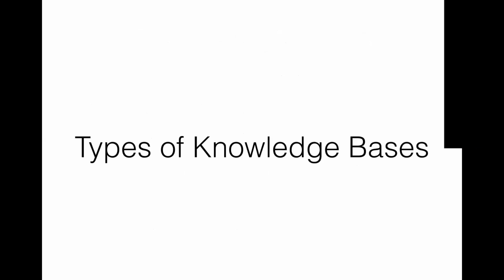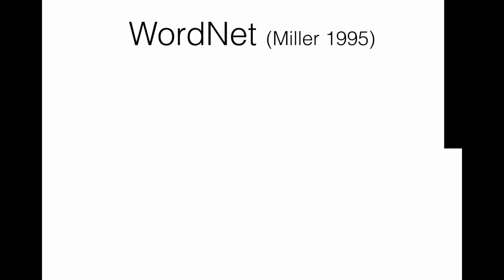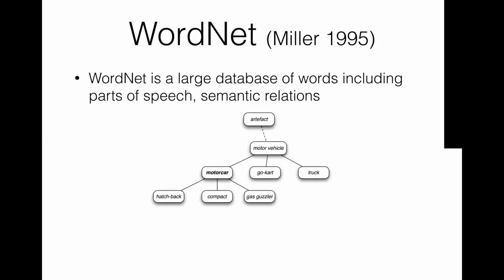To begin with, I'd like to cover some of the famous knowledge bases historically proposed. I guess a lot of people are familiar with this name, WordNet. It's a type of knowledge base that contains semantic relationships between words. So each node is not a real-world entity, but rather a word, a lexicon.